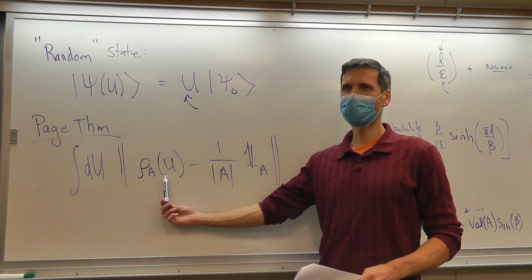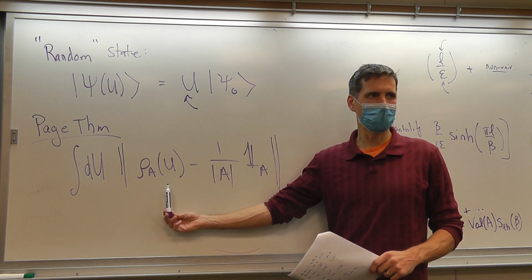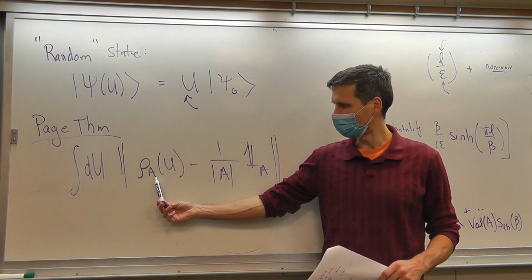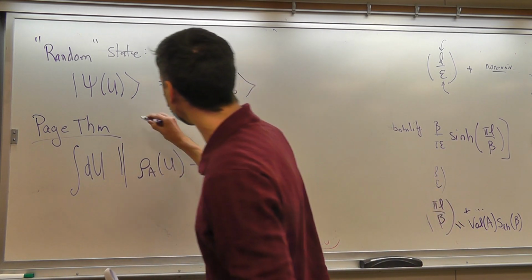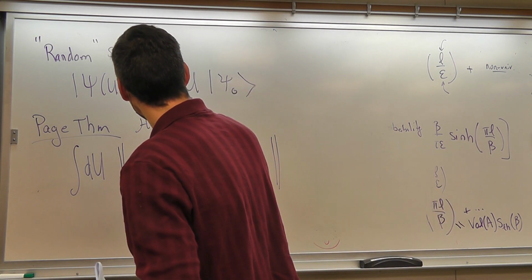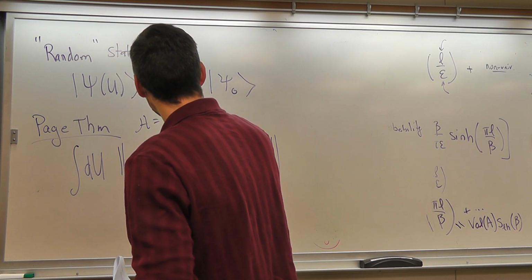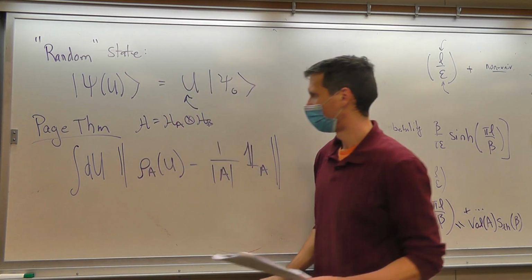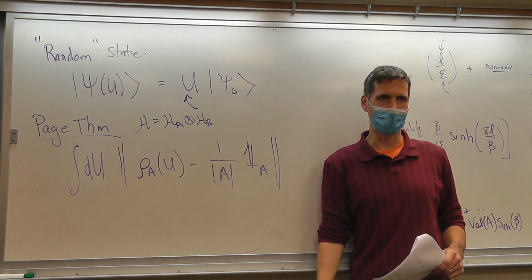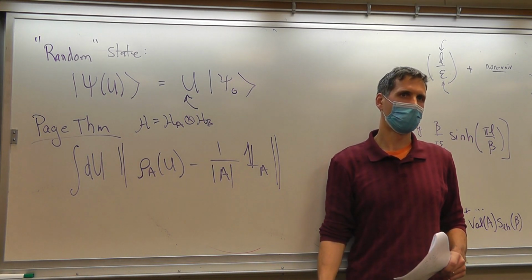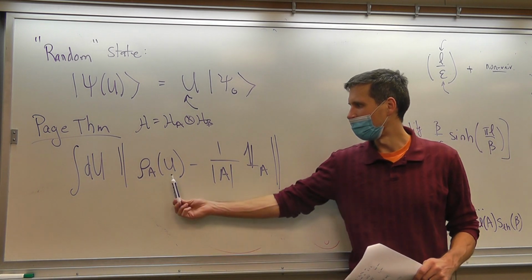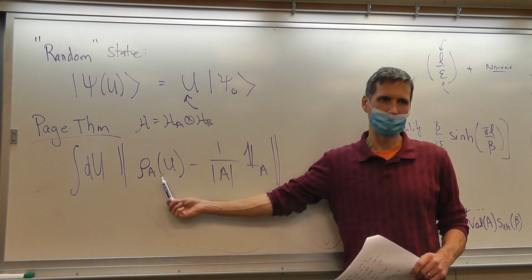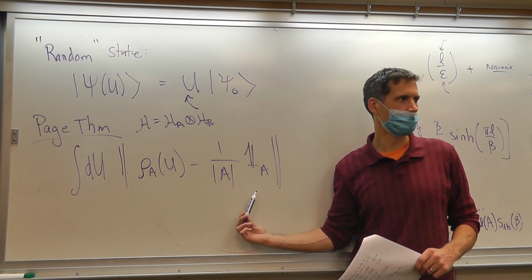We have a subregion, we're picking a subregion A. Let me say our full Hilbert space is HA times HB. Then we're picking a subregion A from a random unitary state and asking how far is that from being maximally mixed.